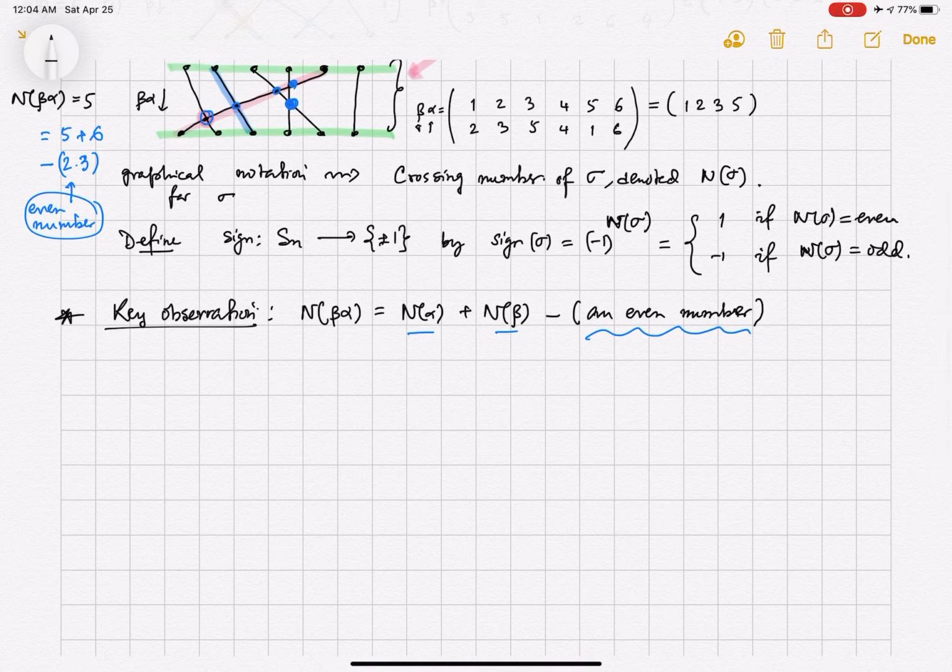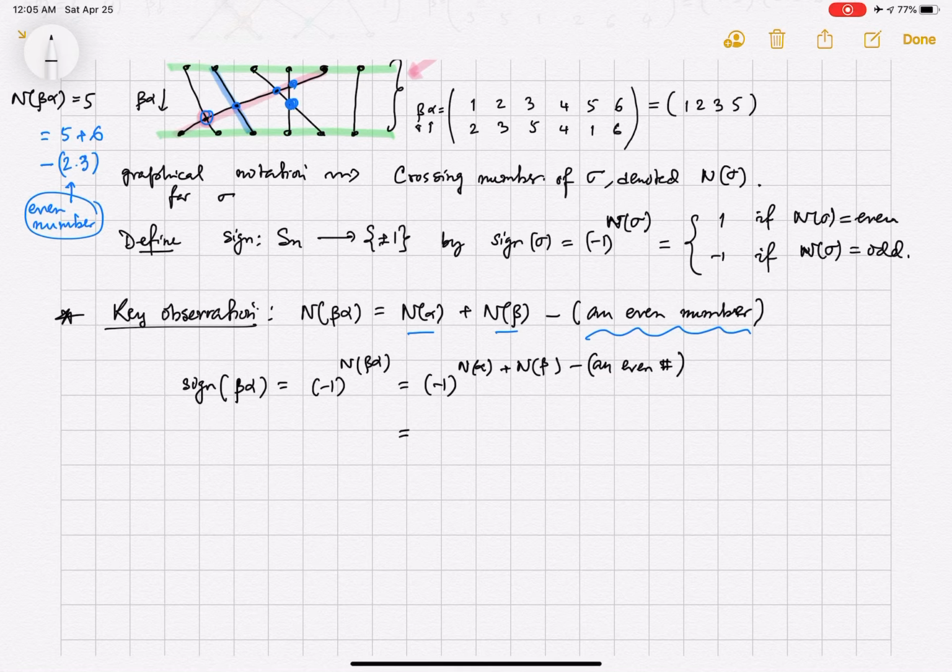And once you know this, you know that sine is a homomorphism, because now let's calculate sine of beta alpha. It's going to be minus 1 to the power n beta alpha, which is minus 1 to the power n alpha plus n beta minus an even number.